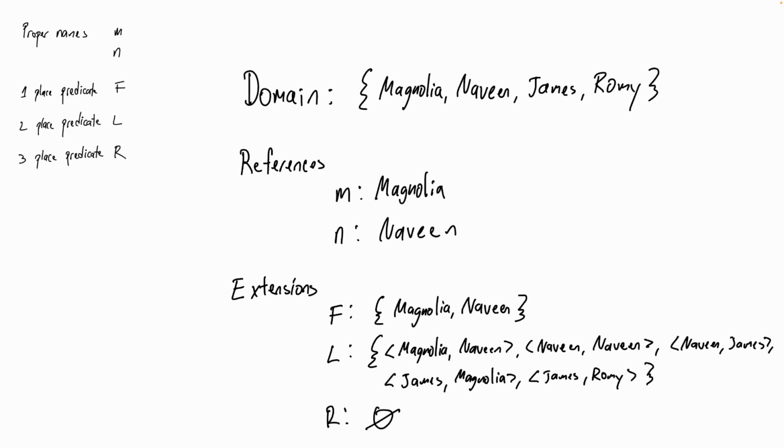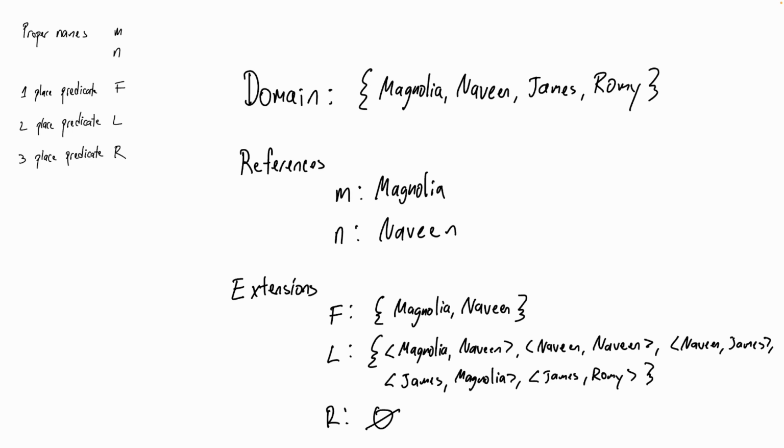But as long as you stick to the basic constraints, the domain has to be non-empty. Each proper name has to refer to some object from the domain, and each predicate needs to be assigned an extension, which could be empty. Then you've succeeded in constructing a valuation.